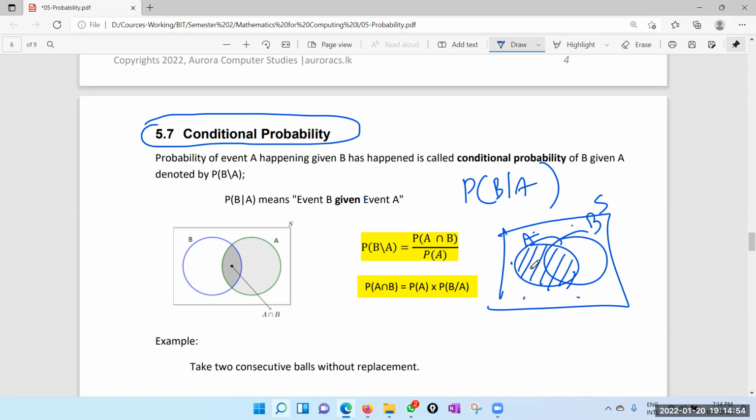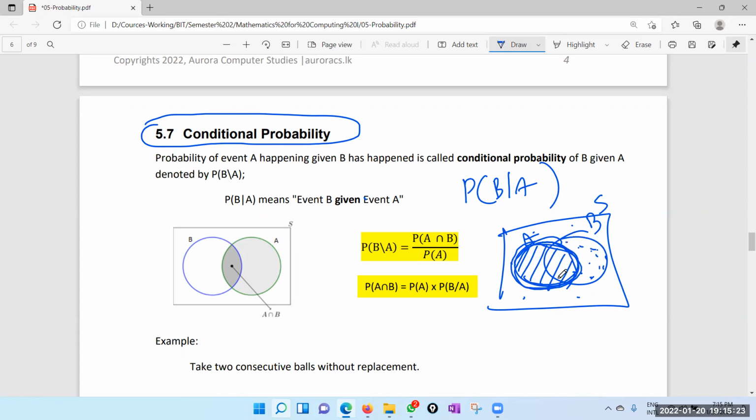So therefore sample space is A. Then by definition, probability of event B happening is NB divided by NS. So therefore, now A has happened. When we know A has happened, there is no way this situation can happen.